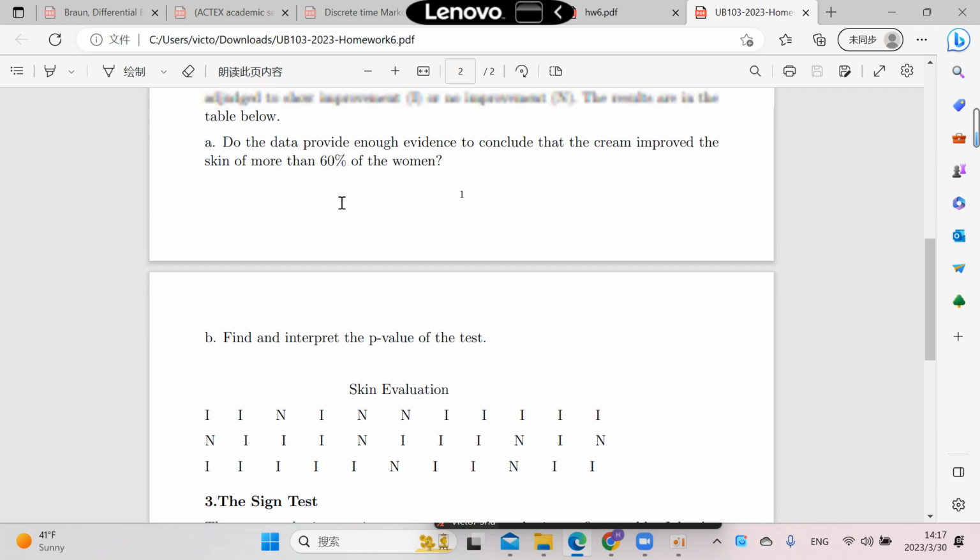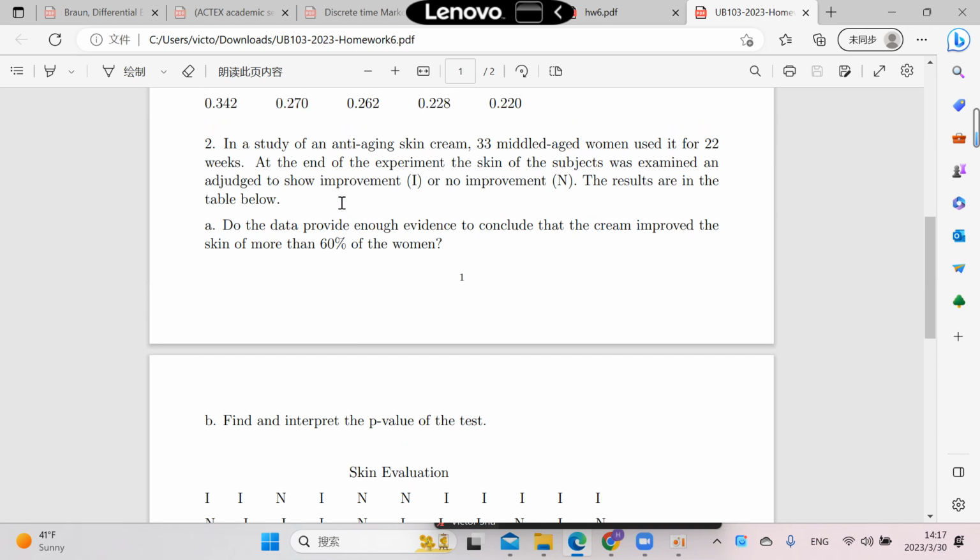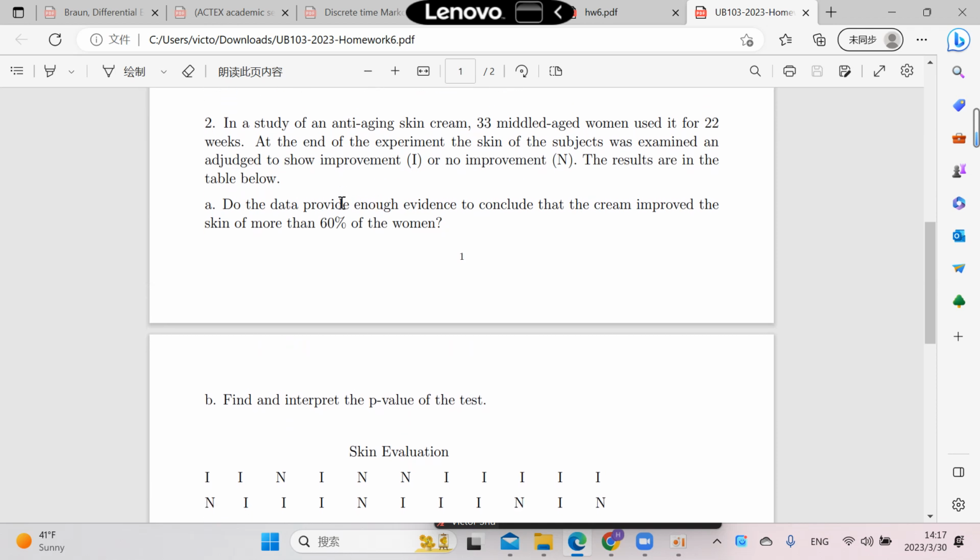In this case, we can easily find the difference between your observed mean and the actual mean that you want to test.